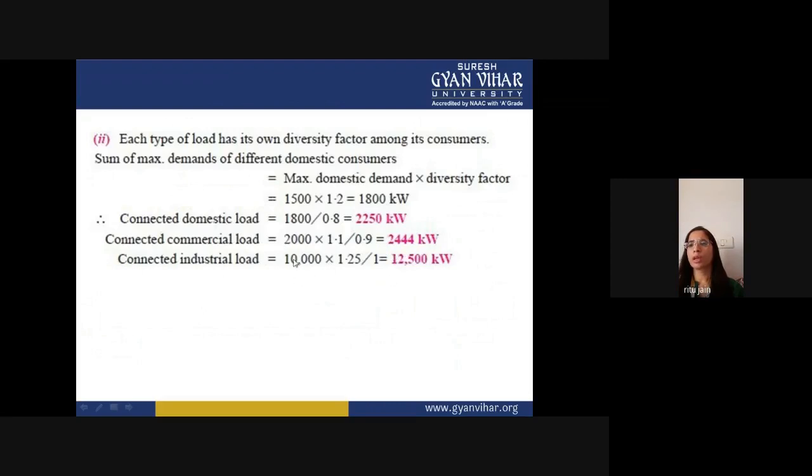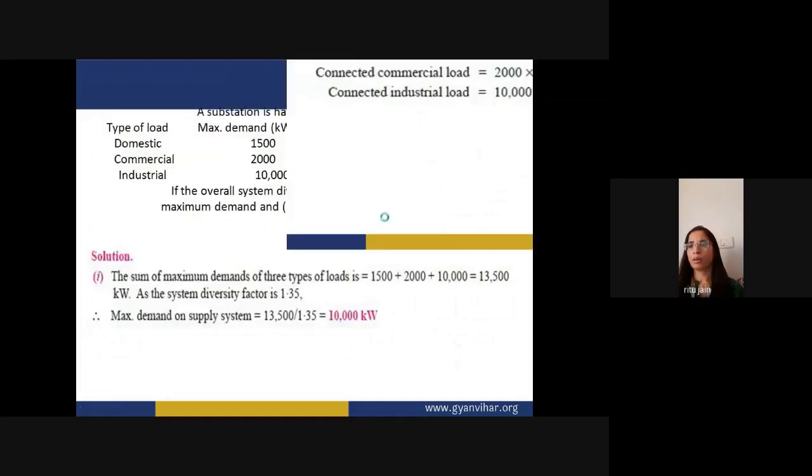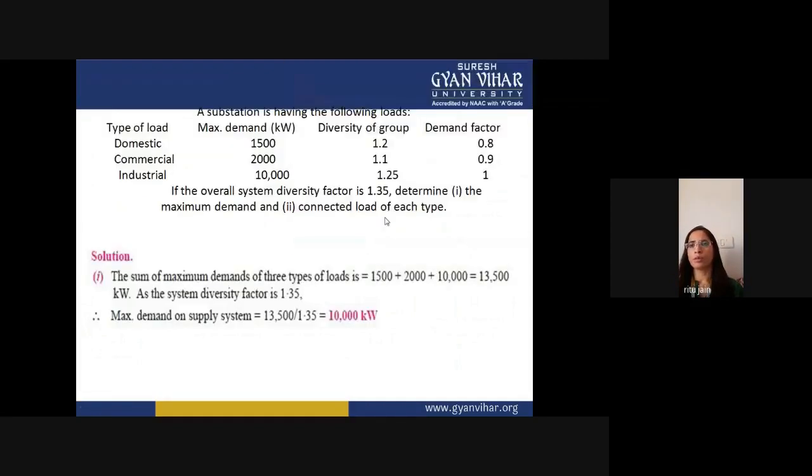So peak load can be calculated by maximum demand into your diversity factor, which is divided by your demand factor. So you can easily calculate the connected load of these three types of loads.